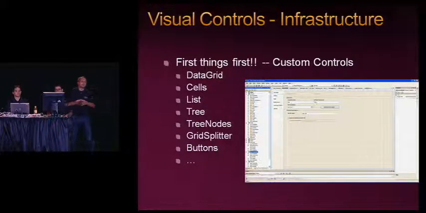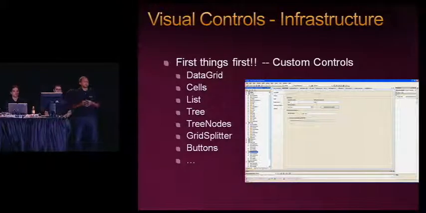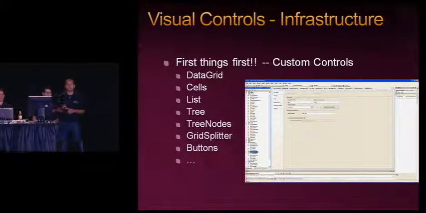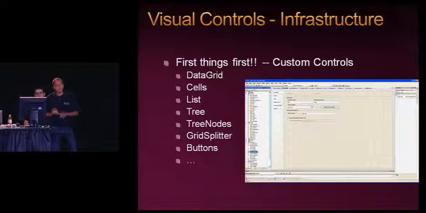Here on this slide, I note some of them. We had a data grid, for example, for the message list. The cells themselves in the data grid are controls in the message list. There's a list, there's a tree nodes, and a grid splitter. At this point, I could probably identify 3 key distinct areas in the controls. One are your typical visual controls, like buttons.